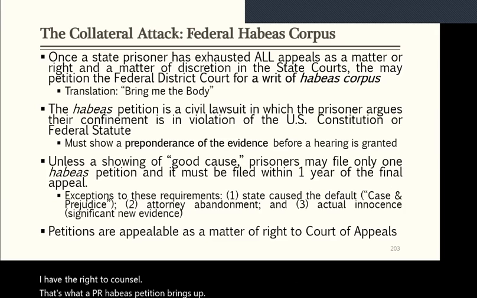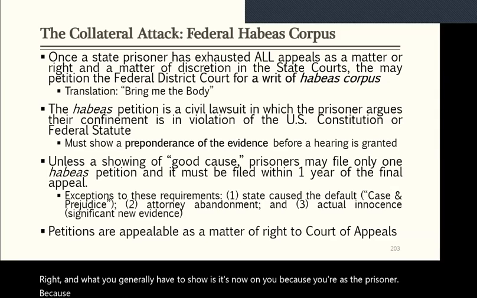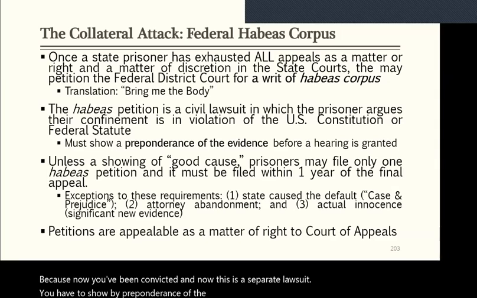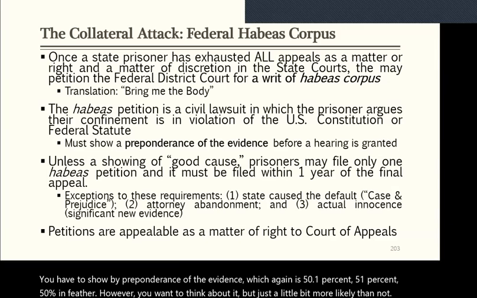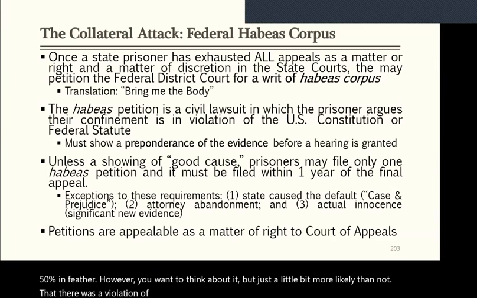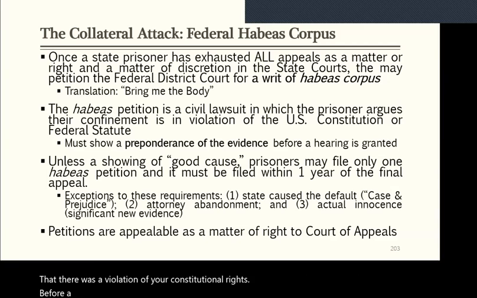And what you generally have to show is, it's now on you as the prisoner, because now you've been convicted and this is a separate lawsuit. You have to show by preponderance of the evidence, which again is 50.01%, 51%, however you want to think about it, but just a little bit more likely than not, that there was a violation of your constitutional rights before a hearing will even be granted, right?